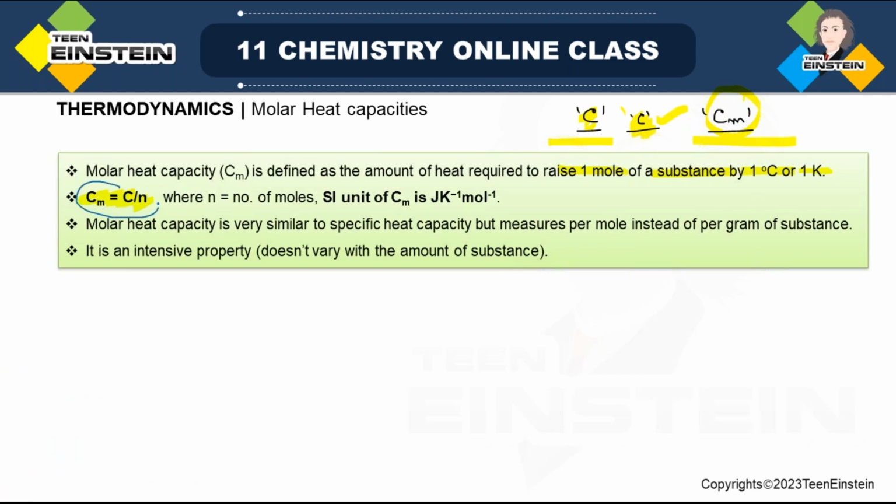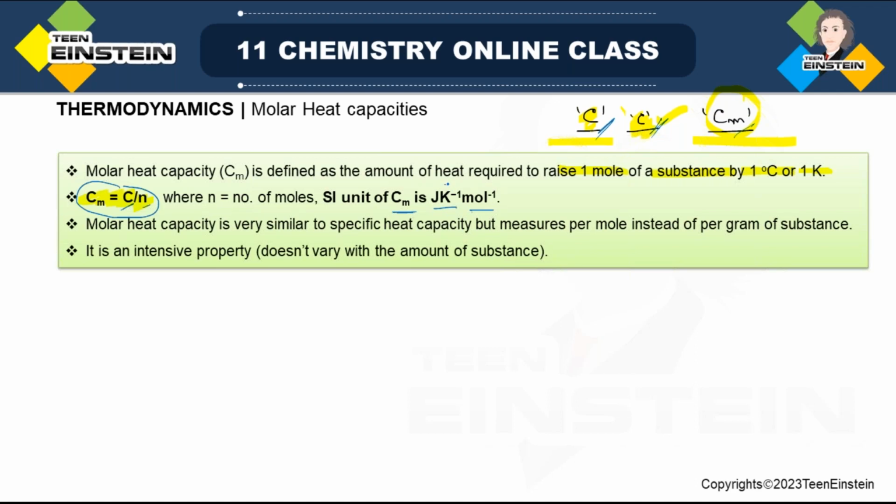So in this case, molar heat capacity, the unit is joule per Kelvin per mole. Try to remember the unit for heat capacity. It is simply joule per Kelvin, or it may be per degree centigrade. When it is specific heat capacity, the unit is joule per Kelvin per gram or per kg. But when it is molar heat capacity, now the unit is joule per Kelvin per mole.